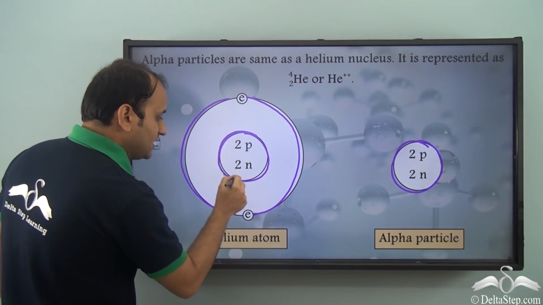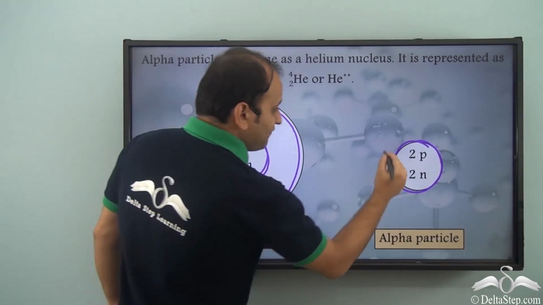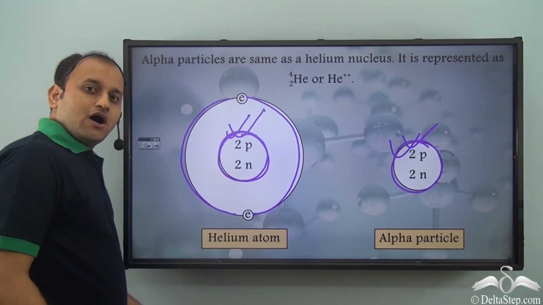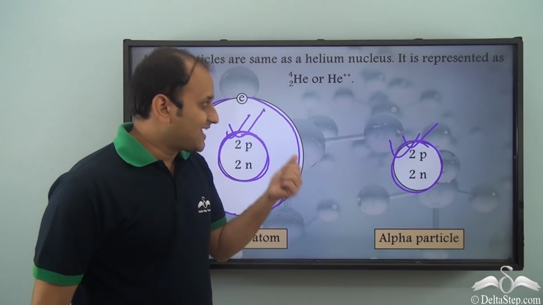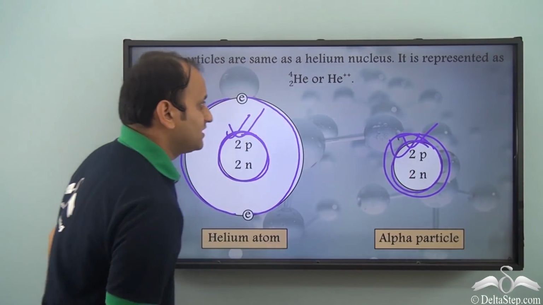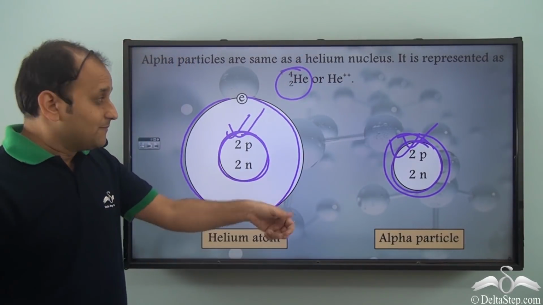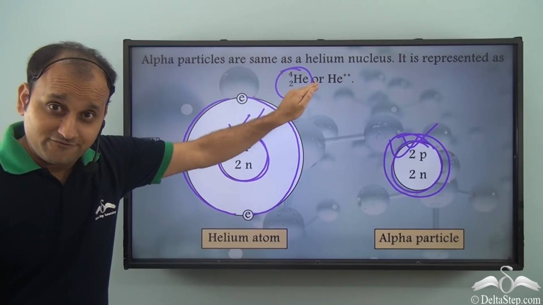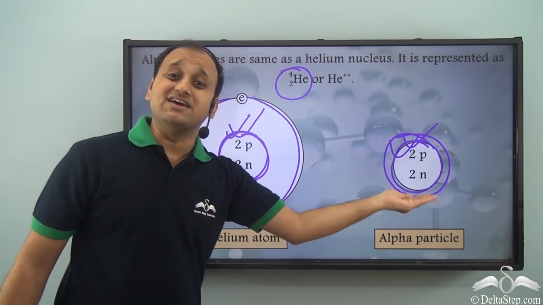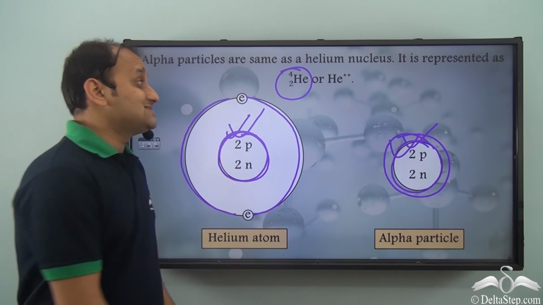In the nucleus of helium also we have 2 protons and 2 neutrons. So an alpha particle is the same as the nucleus of a helium atom, and as a result we write the alpha particle in the form of helium, that is helium-4, helium with mass number 4 and atomic number 2, because it is exactly the same as the helium nucleus. So an alpha particle is also written as helium.